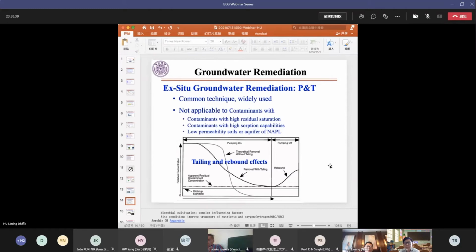If we stop pumping, the contaminant concentration will increase. That's because some contaminants are absorbed onto the soil particles, and if we stop pumping, the contaminants are released to the groundwater again. So the concentration will increase.